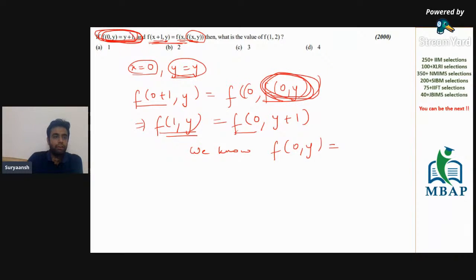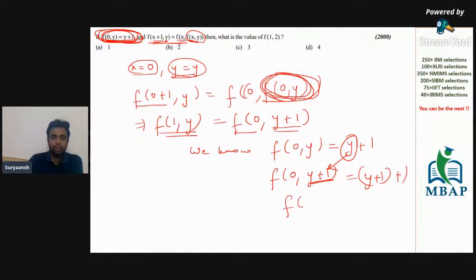Now f of (0, f of (0, y)) is basically f of (0, y plus 1). Now we know that f of (0, y) is basically y plus 1. So f of (0, y plus 1) would be just substituting y as y plus 1, which is y plus 1 plus 1.